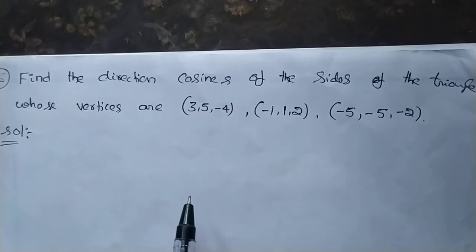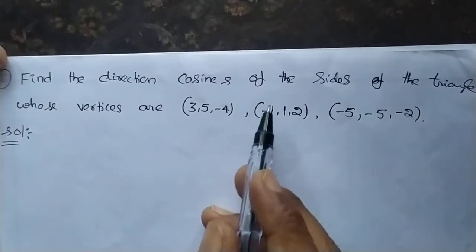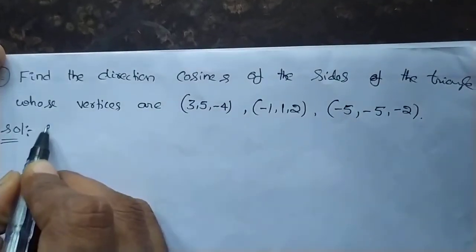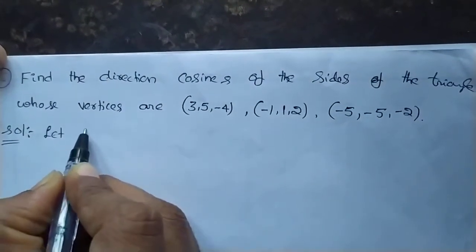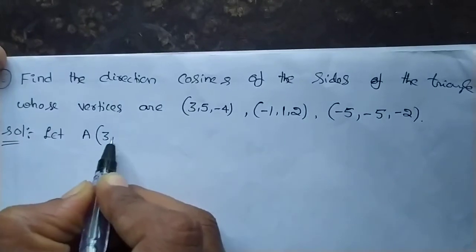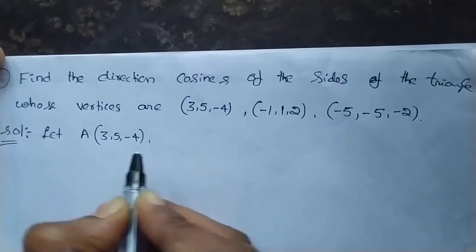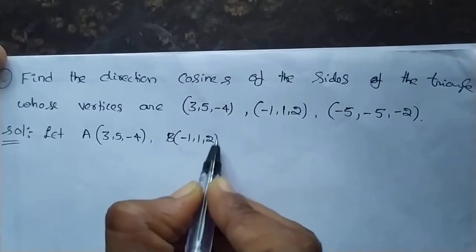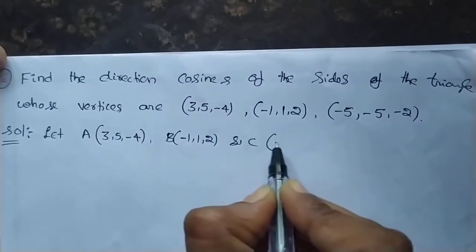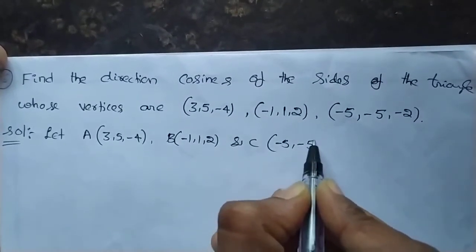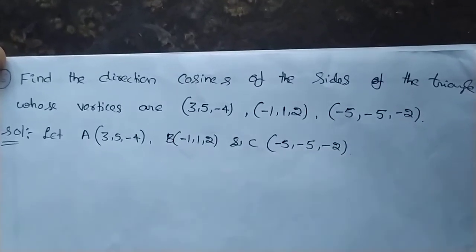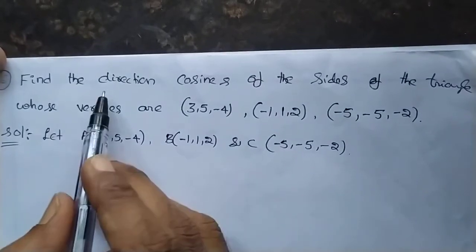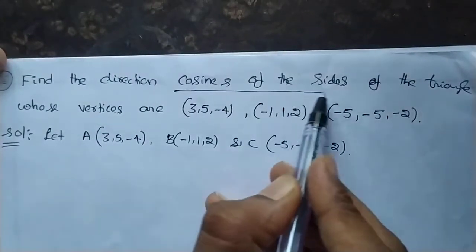Here also we are going to find the direction cosines of the sides of the triangle whose vertices are: first, let the vertex A be 3, 5, -4. First write down the given vertices: B -1, 1, 2 and C -5, -5, -2. These are the 3 vertices of a triangle. We have to find the direction cosines of the sides of the triangle.